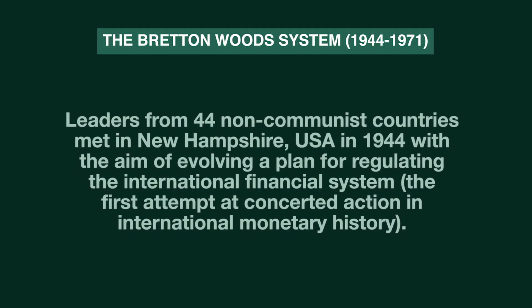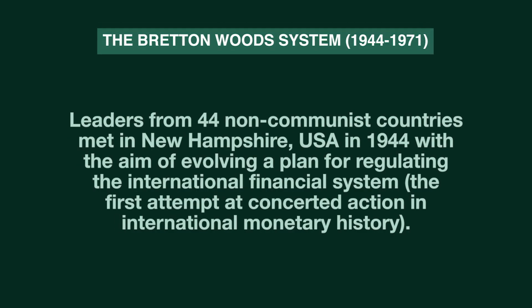Next, we come to a very important segment, and this is called the Bretton Woods system, which started in 1944 and ended in 1971. Leaders from 44 non-communist countries met in New Hampshire, USA in 1944 with the aim of evolving a plan for regulating the international financial system, and this was the first attempt at a concerted action in the international monetary history.